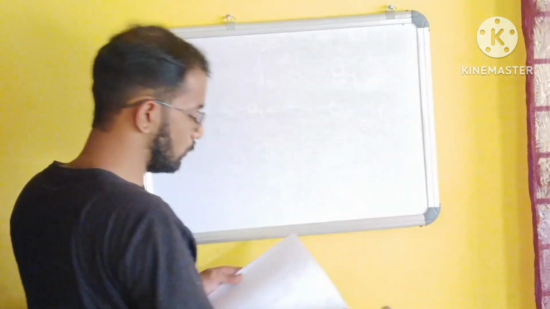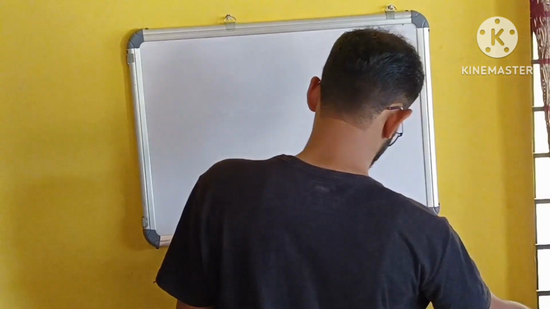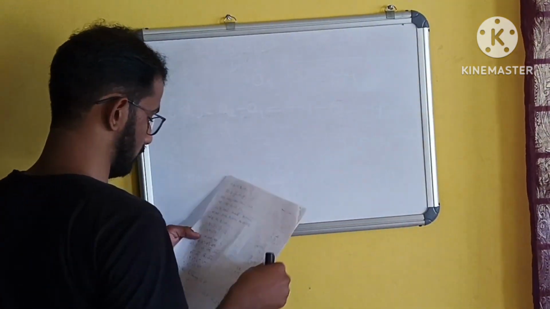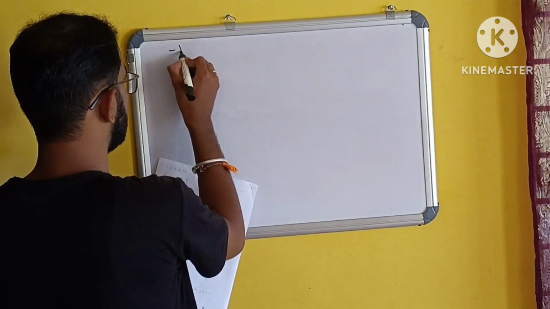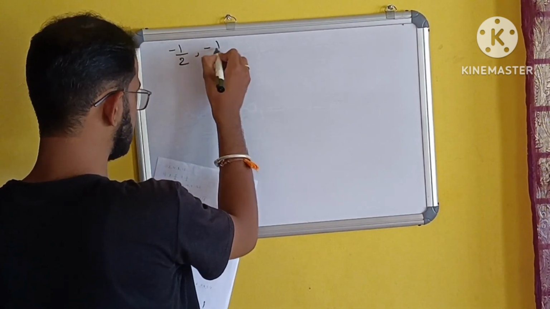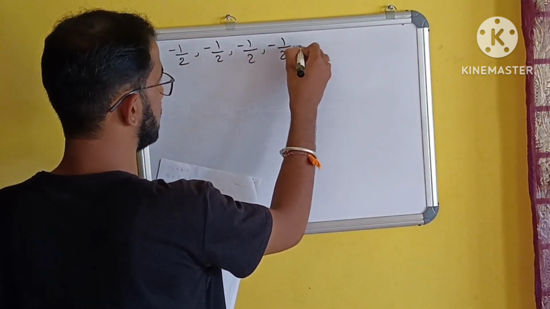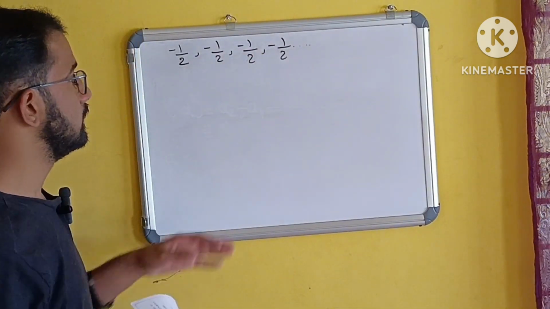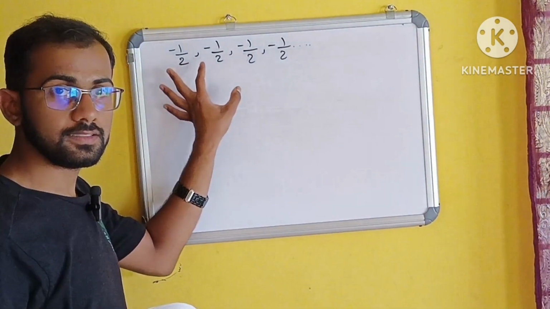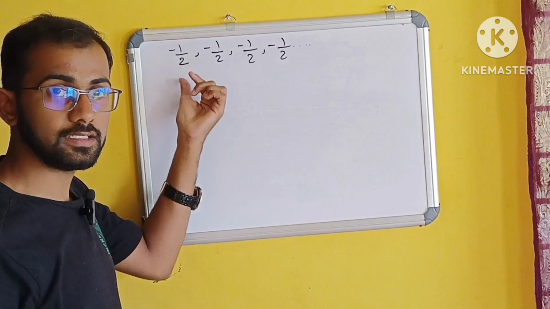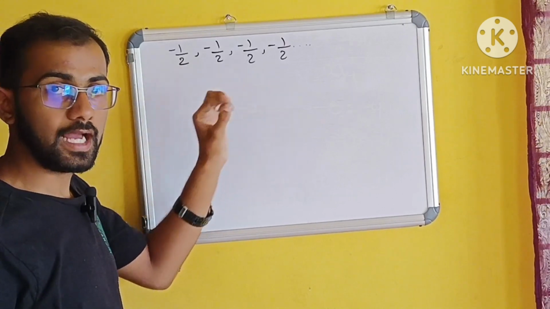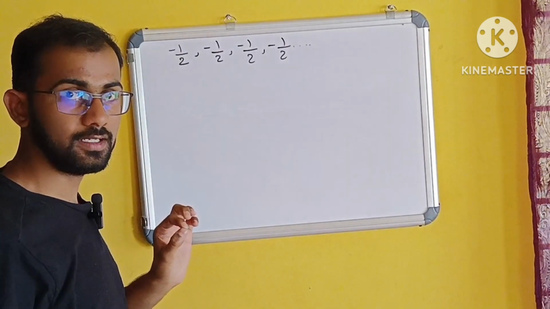Then next, let's move on to the next question, that is -1 by 2, -1 by 2, -1 by 2, -1 by 2. So if you see this sequence, the terms are the same. I will give one hint over here.